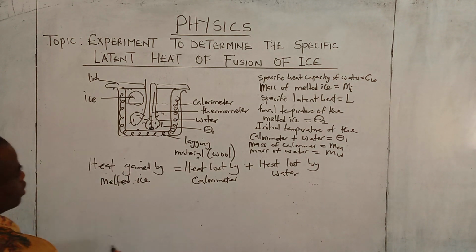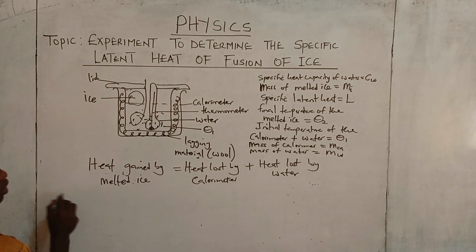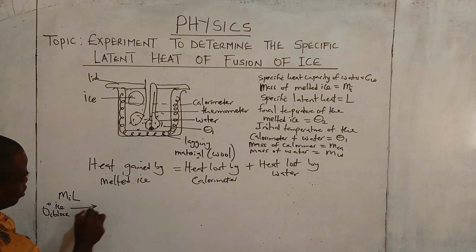Okay, now let's start our analysis. The mass of ice, latent heat of ice, when it's moving from ice block at 0 degrees centigrade, now got melted to ice water at 0 degrees centigrade.